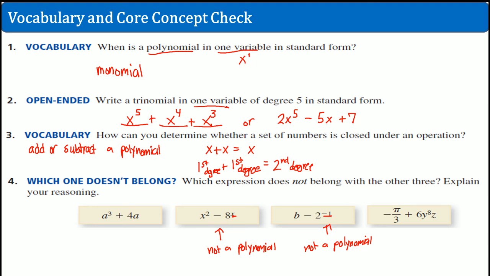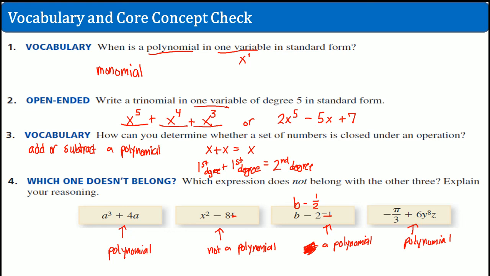Okay, this is not a polynomial, but it can be written like this. Oh, so this is a polynomial. This is a polynomial. This is a polynomial. And this is also a polynomial. Okay, that was a very interesting one.